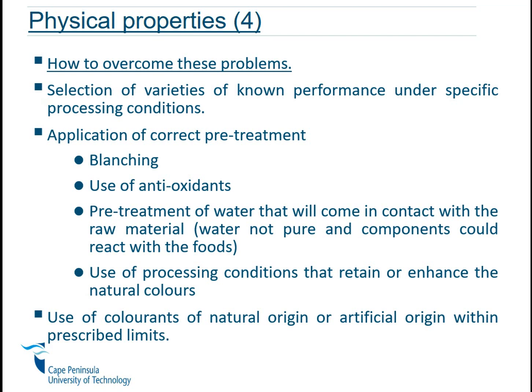They extract those colorants, especially for example things like beetroot, things like carrots. Those will give us a reddish color, and the other one will give us an orange color, which can be applied in food processes in order to enhance the color of the product. So in this case we need to use these colorants within the prescribed limits. It means you don't just use any amount that you want to use. You can't just say, okay, let's use 10 kilograms. No, it should be within the prescribed limits.